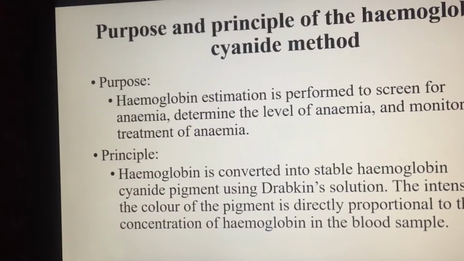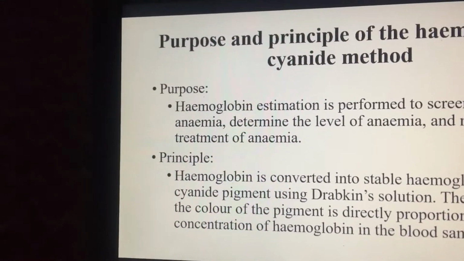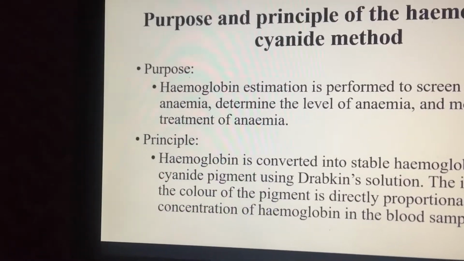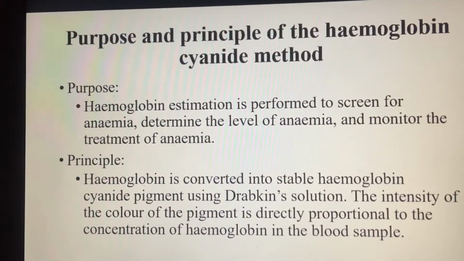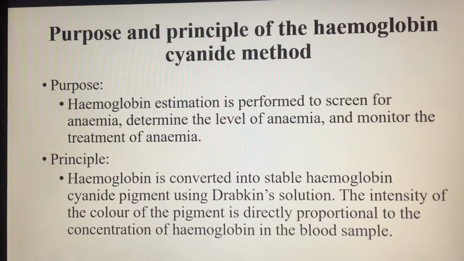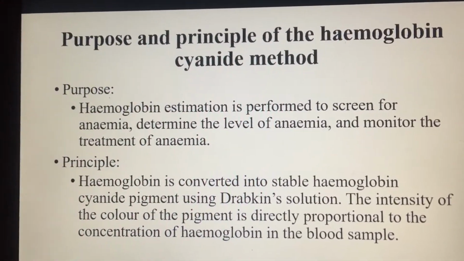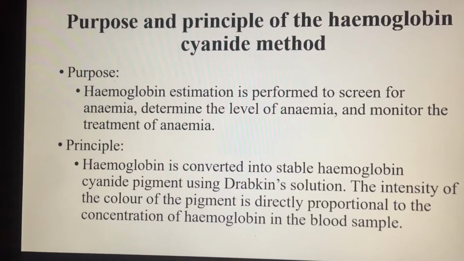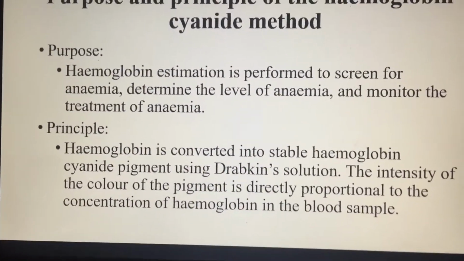The intensity of color, or the optical density, of that final pigment is directly proportional to the concentration of hemoglobin inside our blood samples. That is the principle behind it.